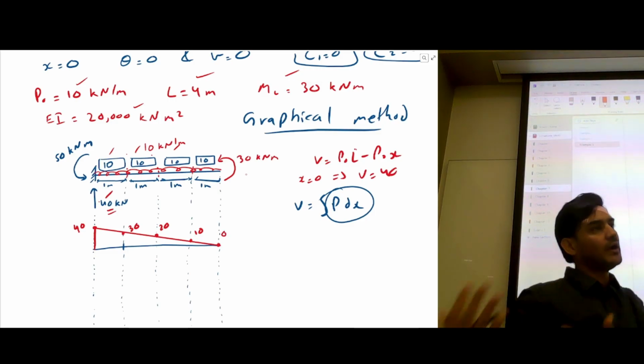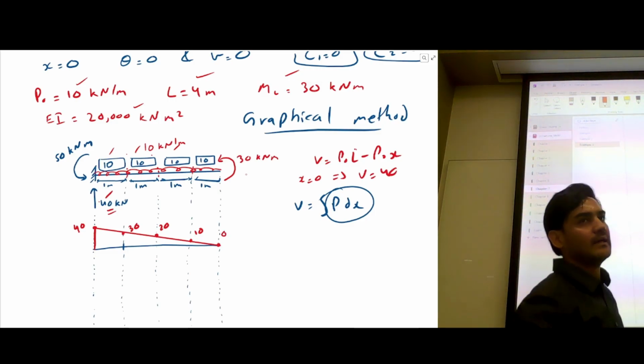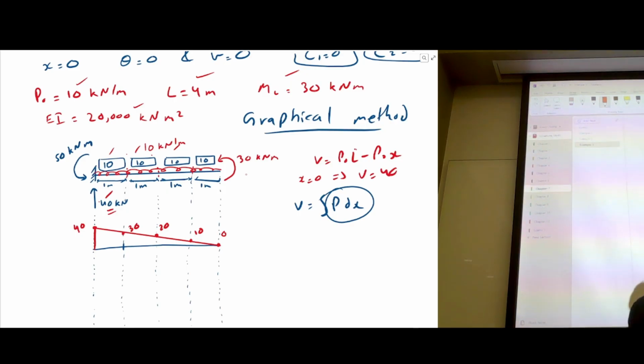So you can also use equation, you can also use graphical method. So graphical method says wherever you have to calculate the shear force, you have to add and subtract all the loadings that happened before, and if you accumulate everything, you're going to get 1 point. For example, if you want to calculate this shear force value, you go up, everything before, you just have to accumulate, and whatever value you're getting is this value.